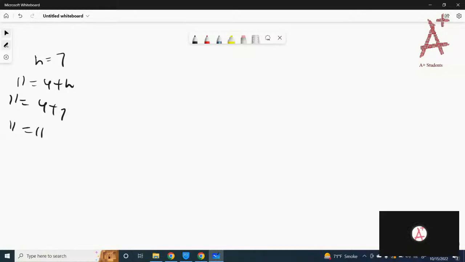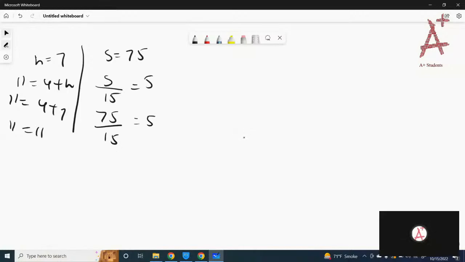Got it? The next one is s equals 75 a solution of the equation, and the equation is s over 15 equals 5. So 75 by 15 is 5, since 15 times 5 is 75. Got it? So that means yes, they are equal.